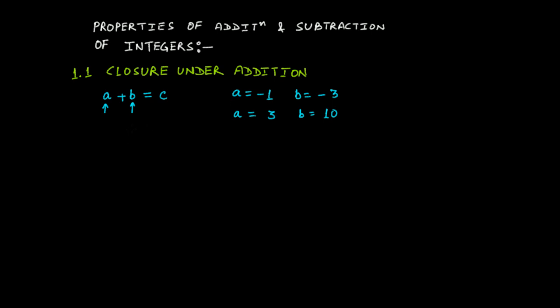Now for the first one, a is equal to -1 and b is equal to -3. If we add these two numbers, -1 plus -3, what will we get? We'll get -4, right? So -1 plus -3 is equal to -4. Is -4 an integer? Yes, of course, -4 is an integer. So here we get an integer.